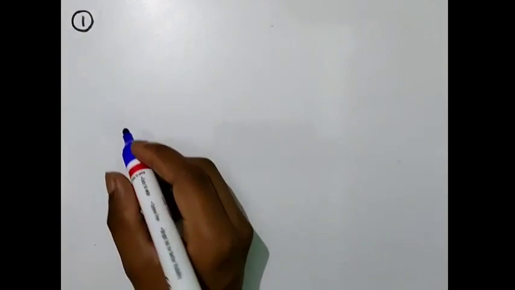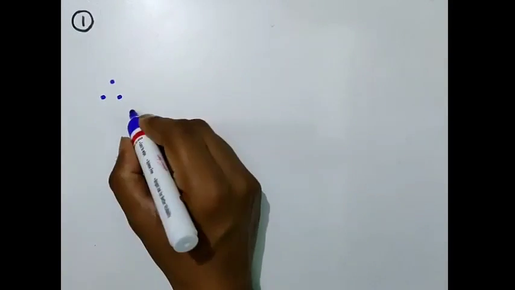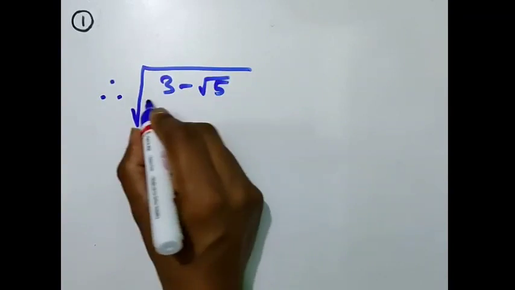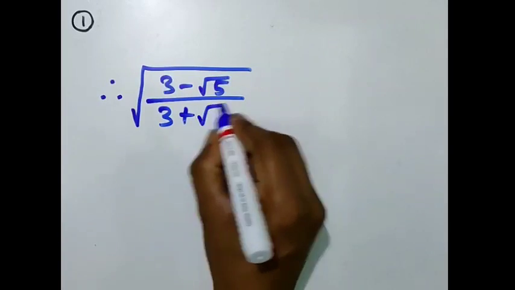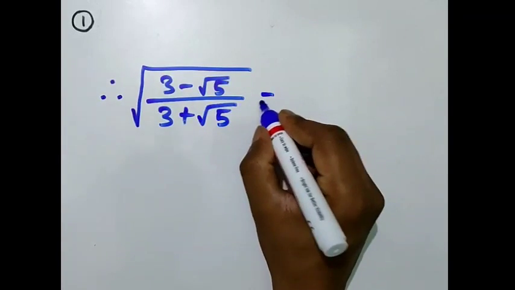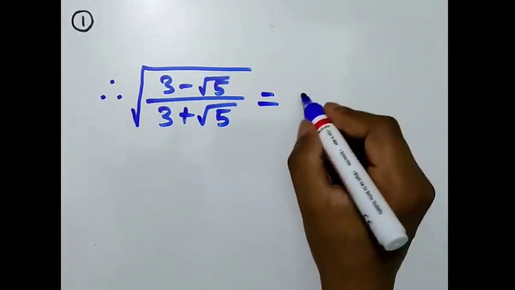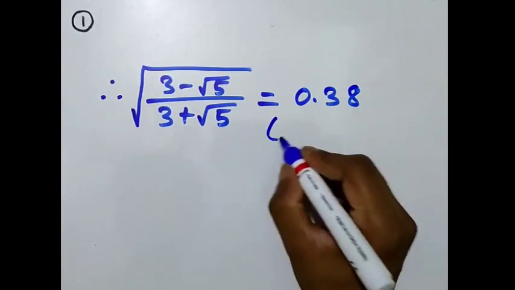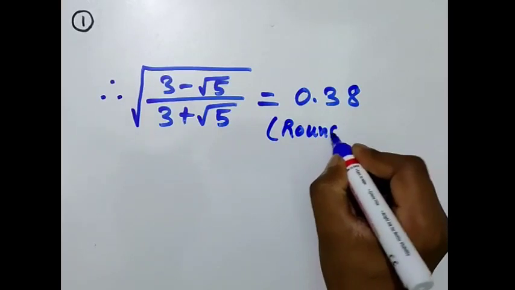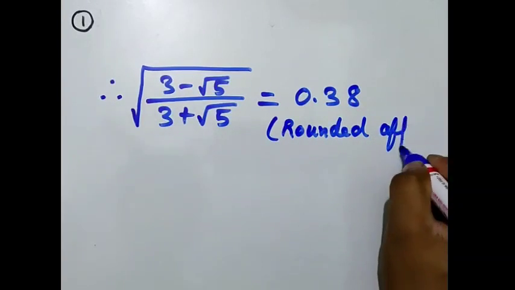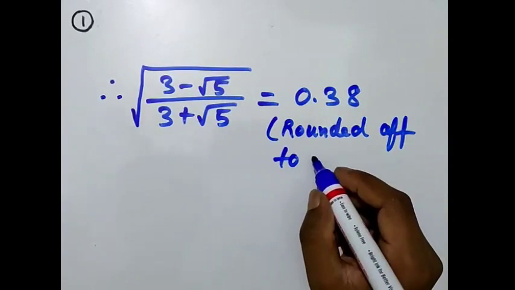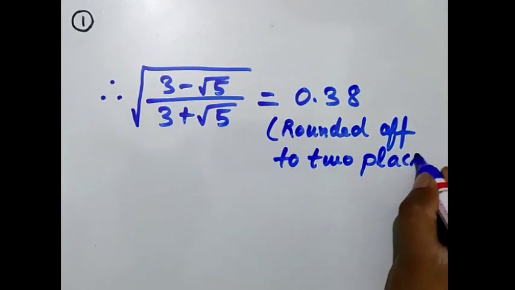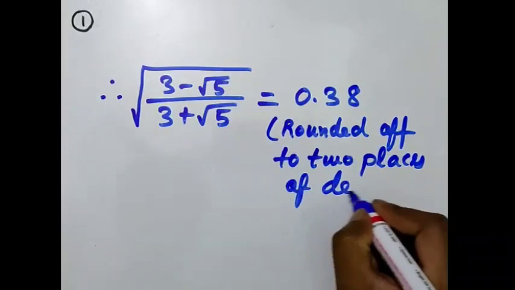So finally we can say, therefore, square root of (3 minus root 5) by (3 plus root 5) is equal to 0.38, which is rounded off to 2 places of decimals.